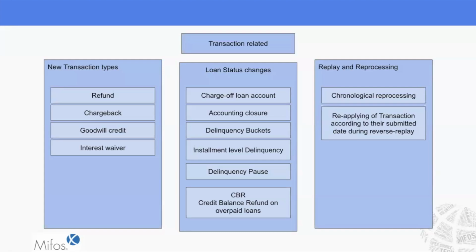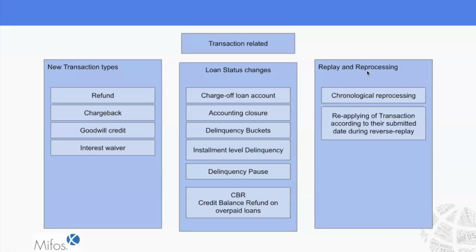We return the overpaid amount to the customer, and the loan becomes a fully paid loan again. When the CBR button is clicked, a new transaction is enabled where the overpaid amount is transferred back to the customer account and the loan becomes a normal active fully paid loan.